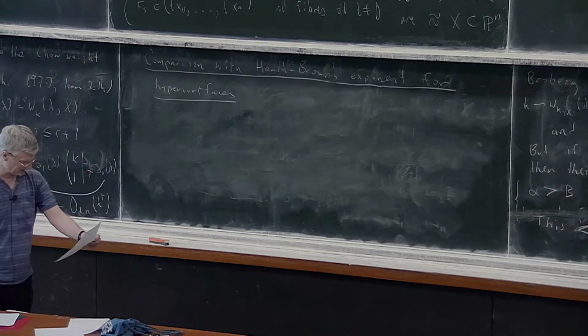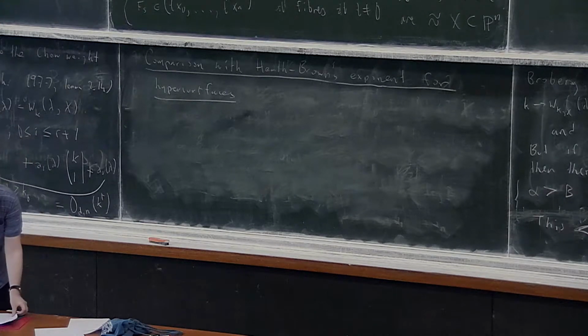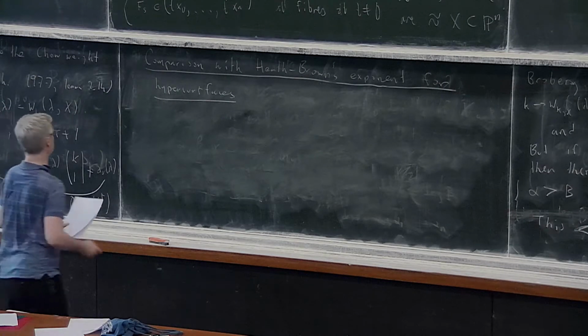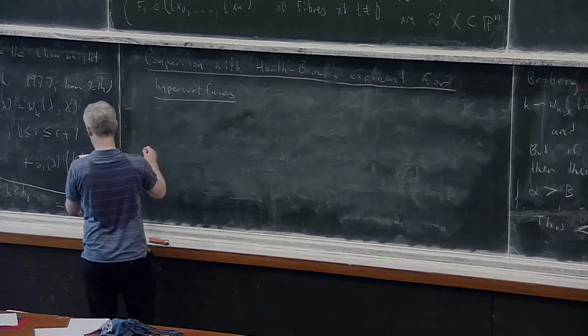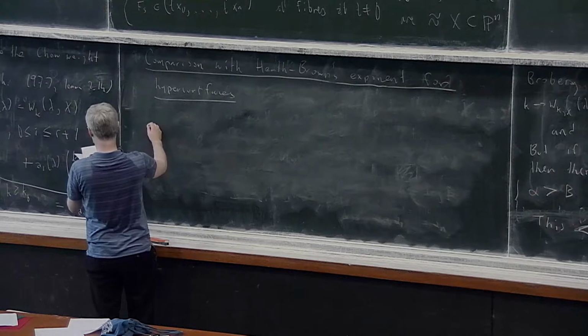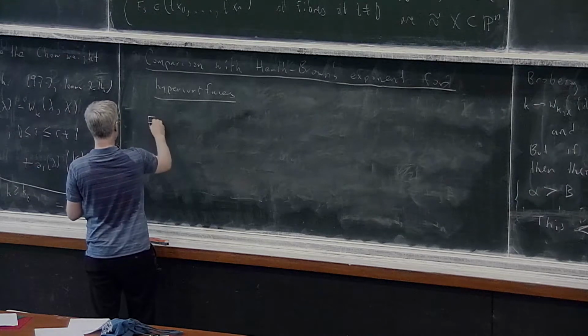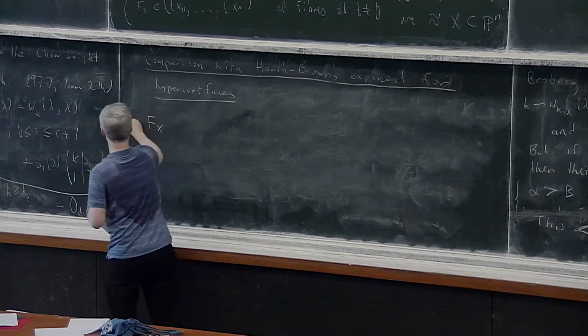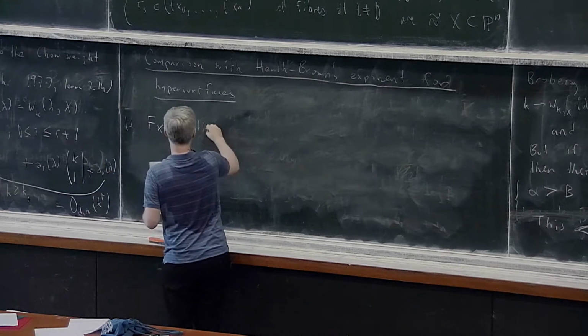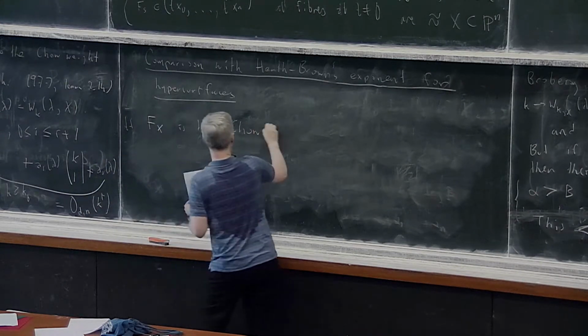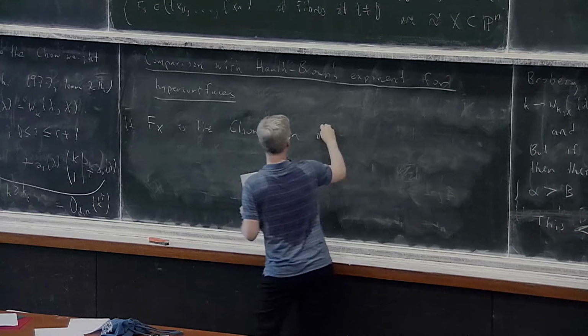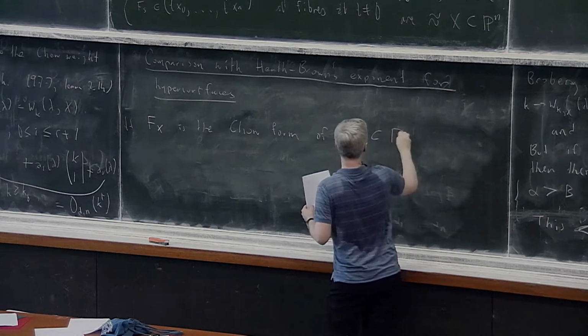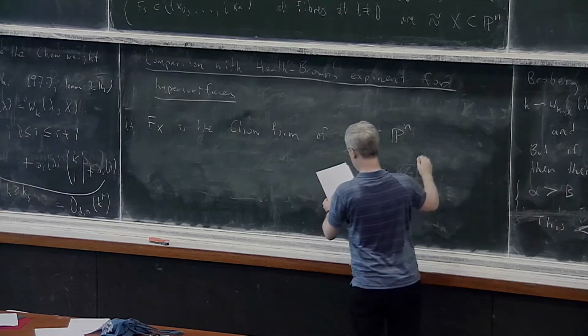So I first remind you of the definition. We had that fX is the Chow form of this X in Pn.